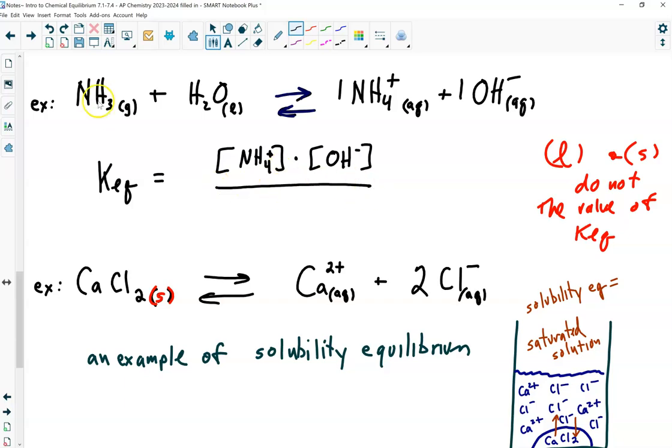And you would divide that by the concentration of NH3 raised to the first power times 1, in a sense, because this is a pure liquid. In order for the pure liquid not to affect the value of Keq, in a sense it has to go in there as 1. Again, we're going to learn why in next class, but not today.